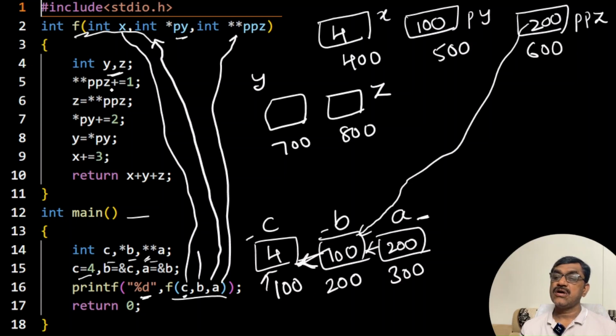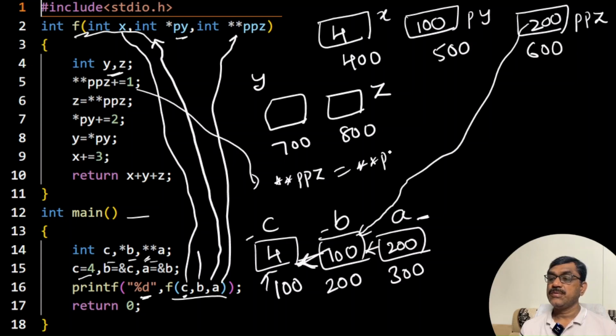Now **ppz = **ppz + 1. The meaning here is, what we are writing, **ppz equals **ppz plus 1. The first star ppz means the ppz value is 200, right? Star of 200, we are moving to 100.